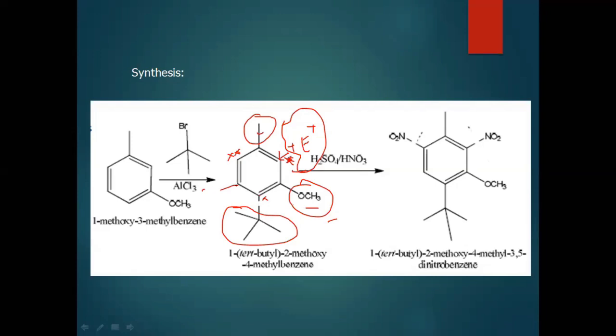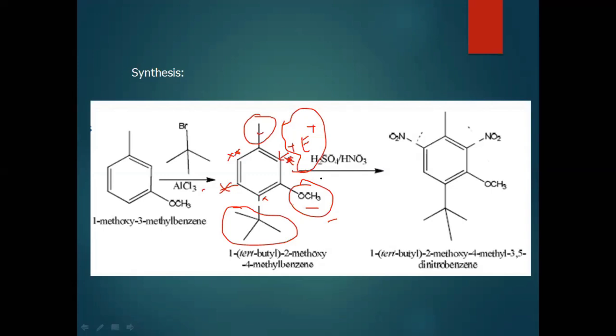If it is there, then this is also slightly blocked, and you may get less conversion yield during the reaction. As there is no substituent present at this site, it prefers to attack at the ortho position with respect to the methoxy. Okay.